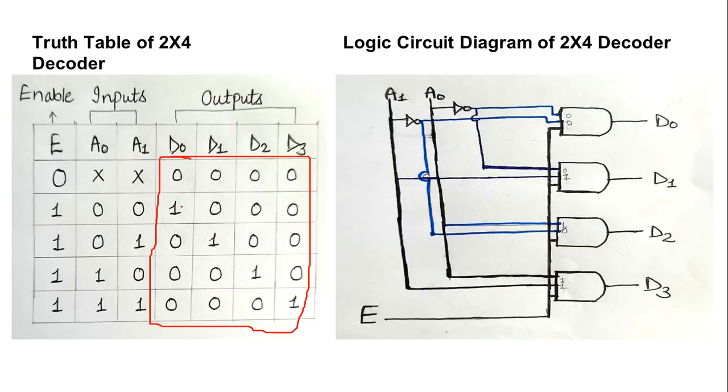For 0, 0, let's suppose D2 is depicting the result and the rest of the values are 0, 0, 0. And for this 0, 1, let's suppose D1 is depicting the result and the rest of the values are 0, 0, 0. For the case of 1, 0, let's suppose this first value is depicting the result and the rest are 0, 0, 0. Same for the last: it is depicting the result and the rest of the values are 0.